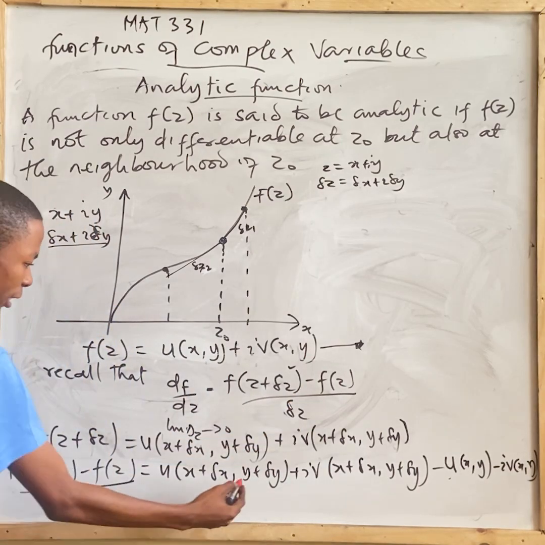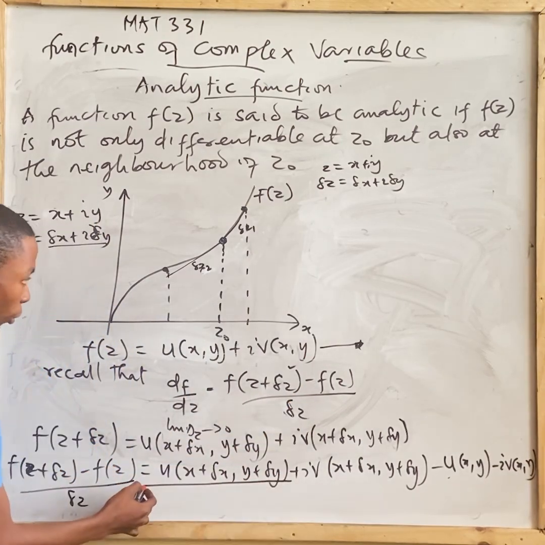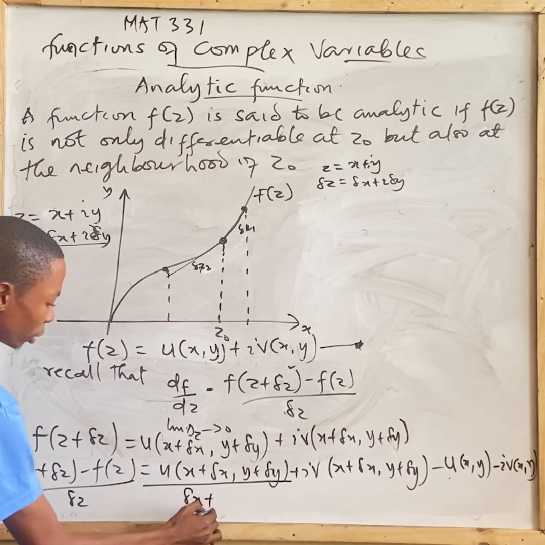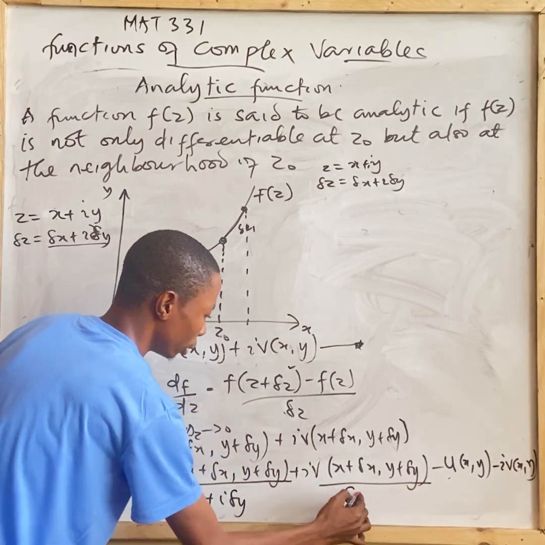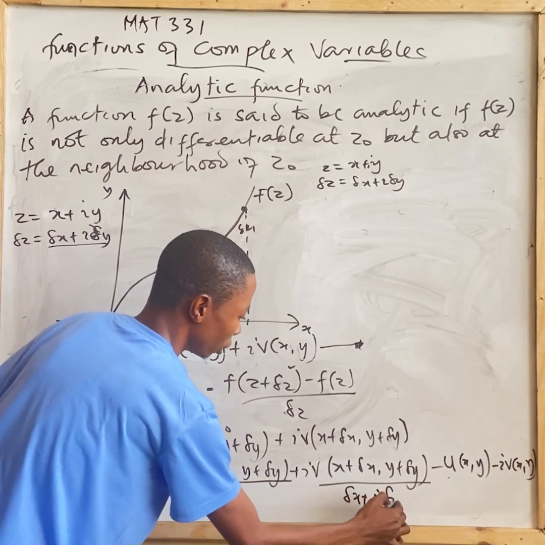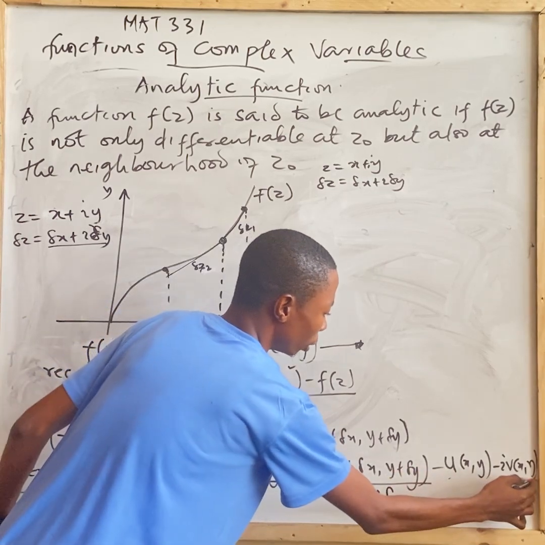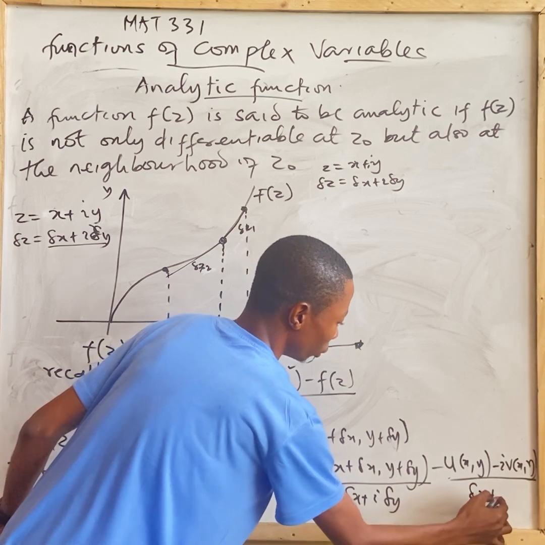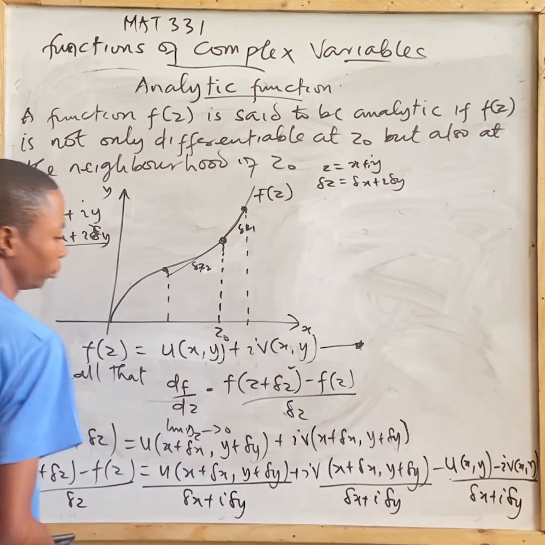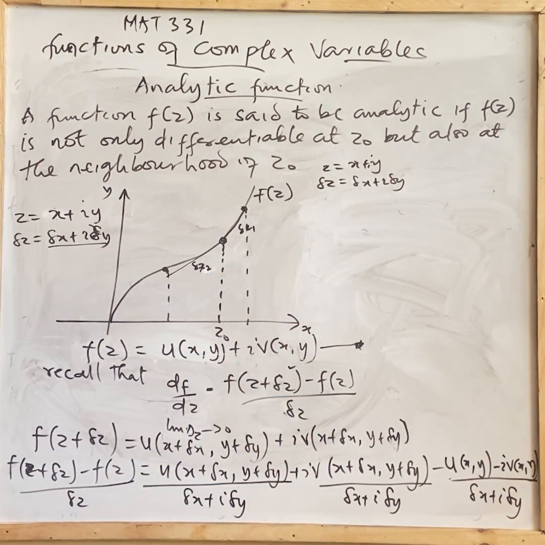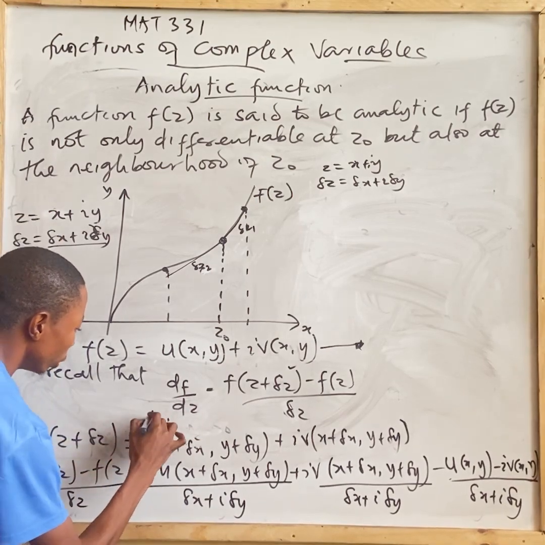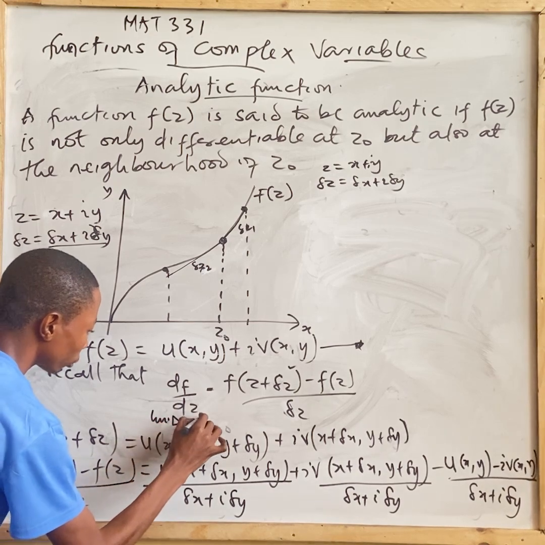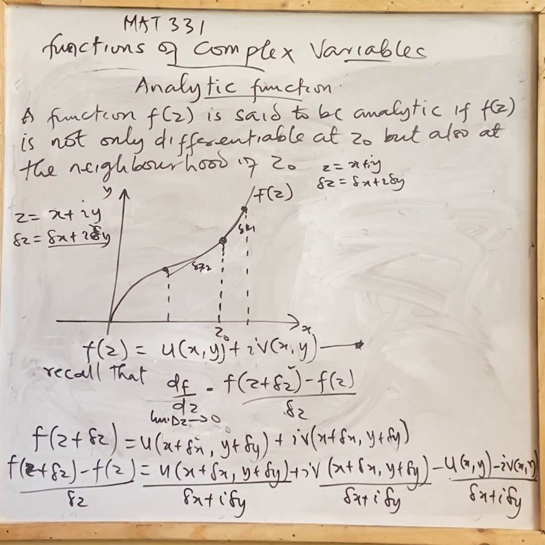So instead of using dz here, I'll just say over dx plus i dy, divided by dx plus i dy. And then the next thing is to take the limit.